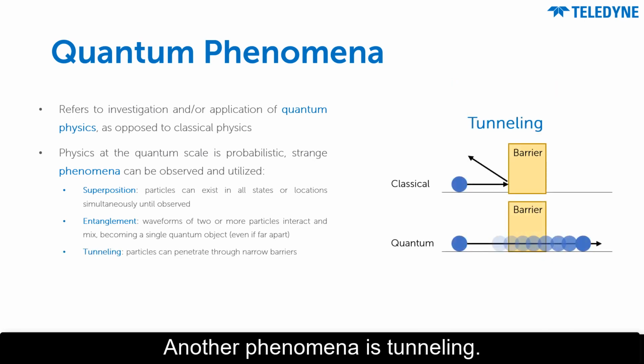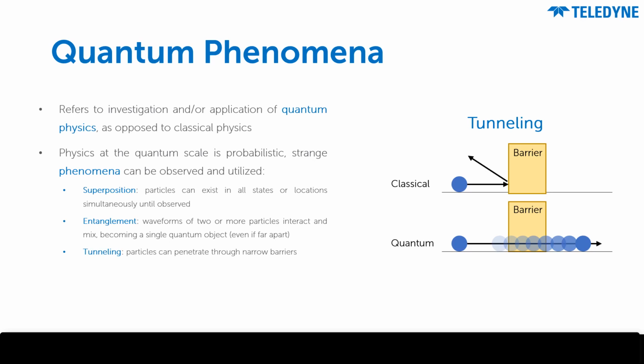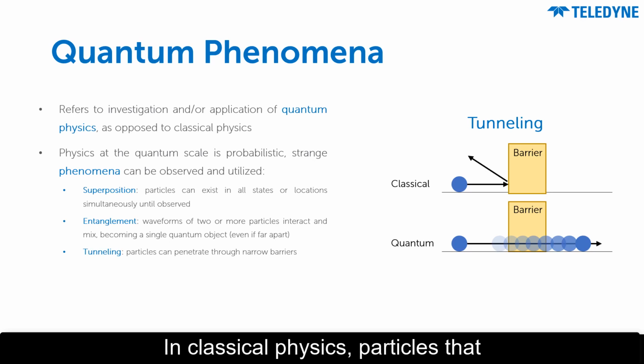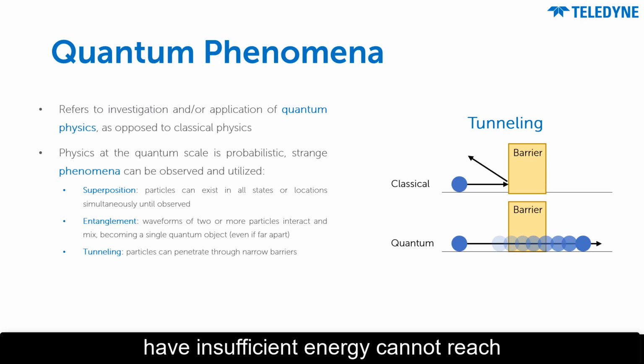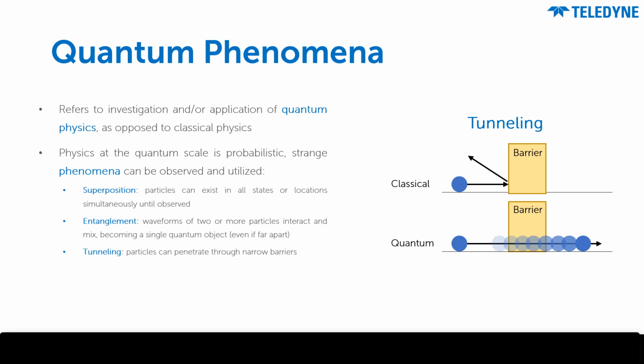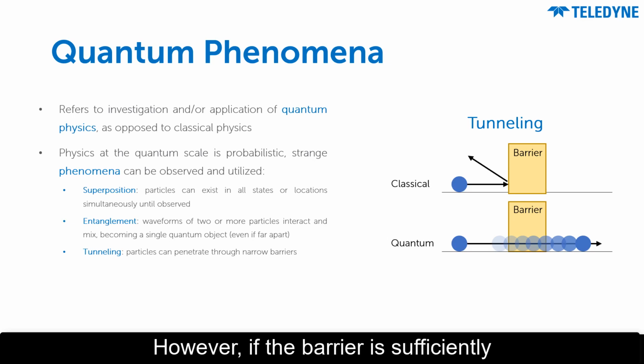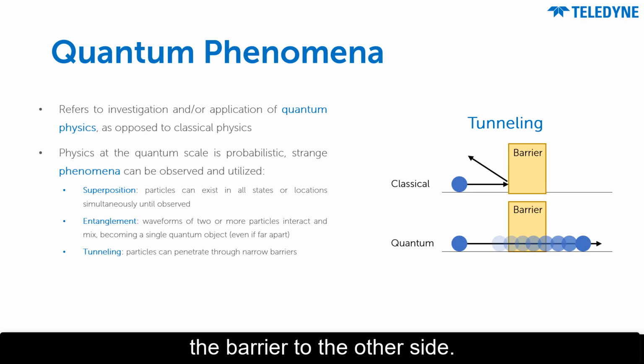Another phenomenon is tunneling. In classical physics, particles that have insufficient energy cannot reach the other side of a barrier and are typically blocked or bounced off. However, if the barrier is sufficiently thin, in quantum mechanics, a particle has a chance to tunnel through the barrier to the other side. This is quantum tunneling.